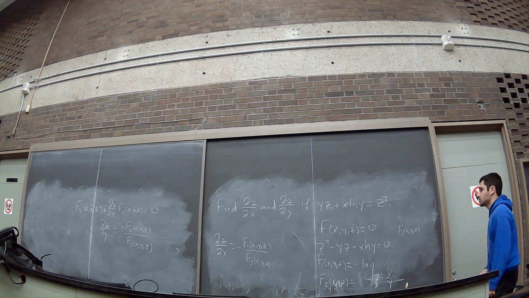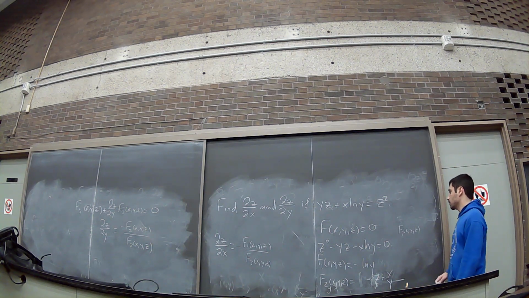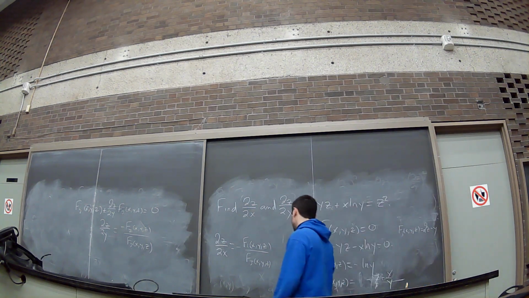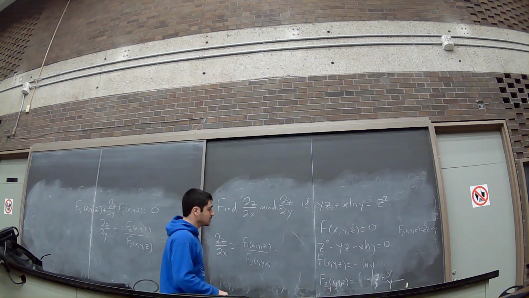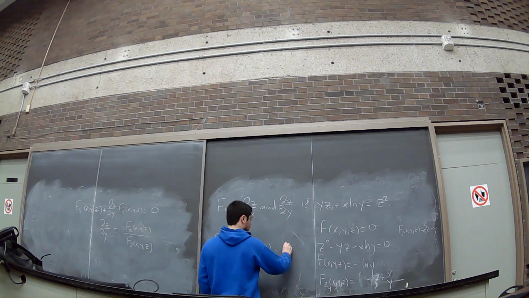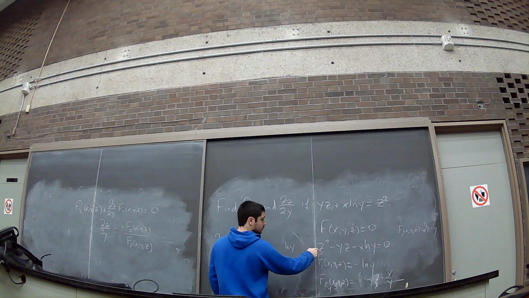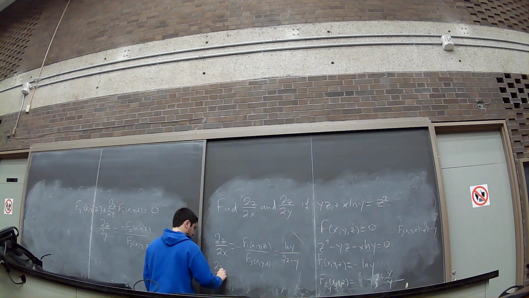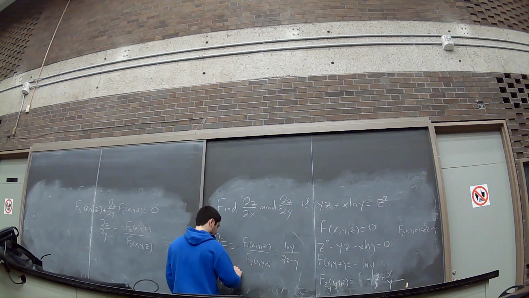What is f3 of x, y, z? Differentiate with respect to z, it is 2z minus y. So del z del x is minus f1 over f3, which is ln y over 2z minus y, right? And what is del z del y? It is minus f2 over f3.